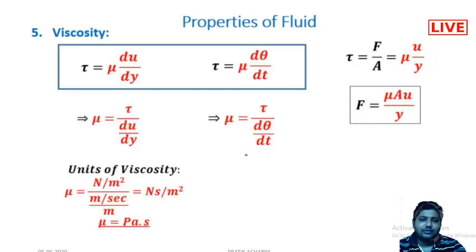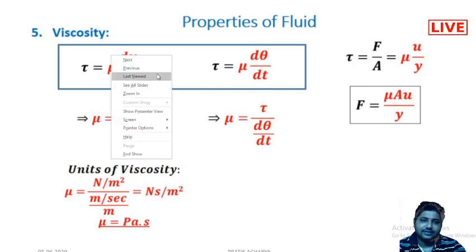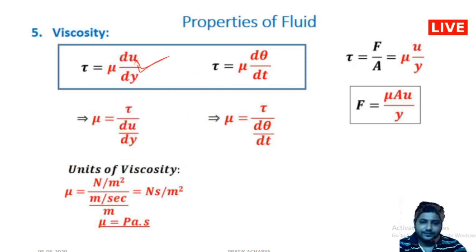So tau equals mu into du by dy, or tau equals mu into d theta by dt. In most problems d theta by dt is not mentioned; du by dy is mentioned in most cases. Okay, and if you find the shear force, that is shear stress into area, so mu into A into u by y, this is the shear force.